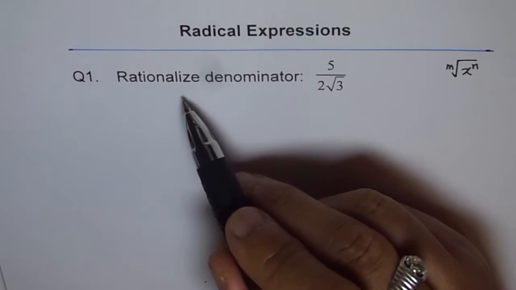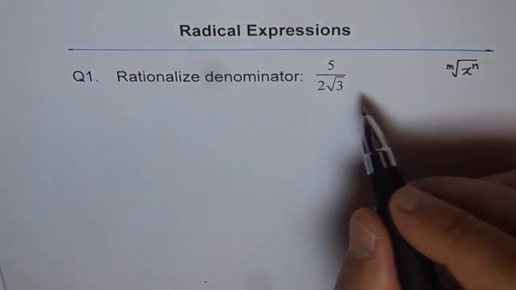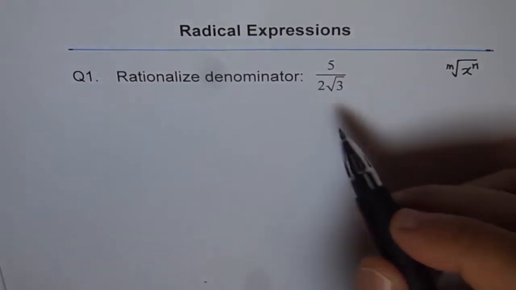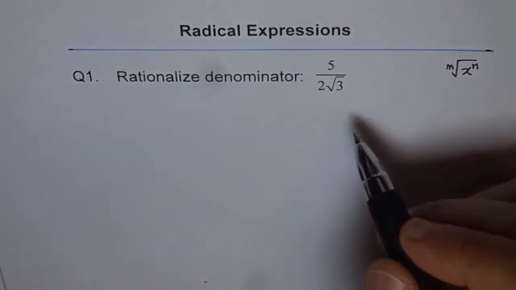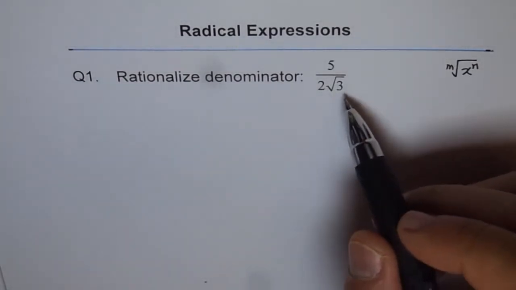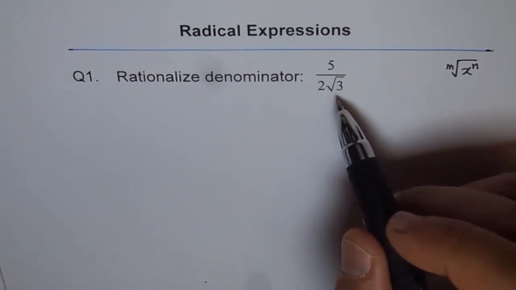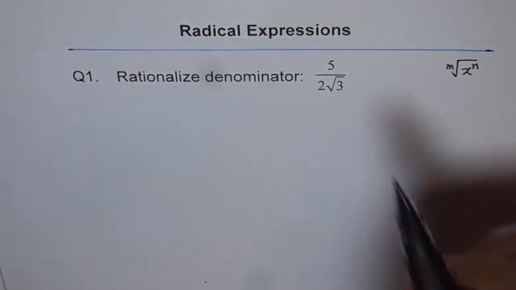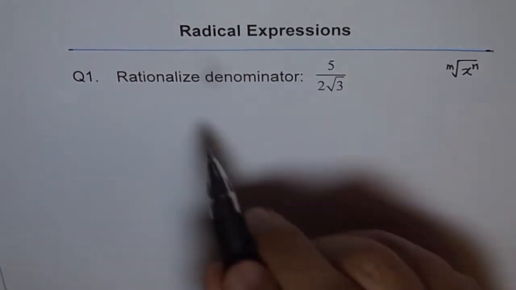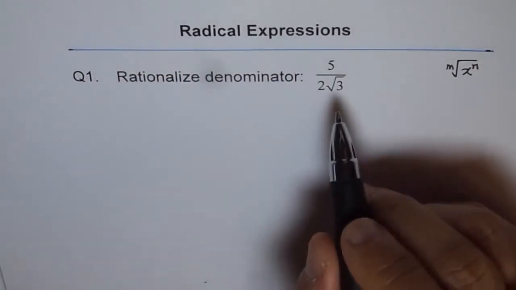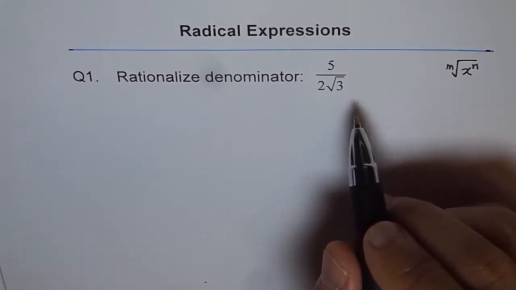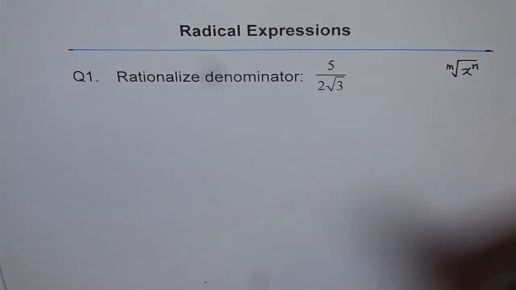Now, rationalize. Rationalize is writing these square root terms as an integer, or a rational number or a fraction. So we will rationalize to get rid of the radical, in this case from the denominator. It will appear in the numerator though, that's a different story. Rationalizing the denominator means to remove the radicals from the denominator and write it as a fraction or rational number.